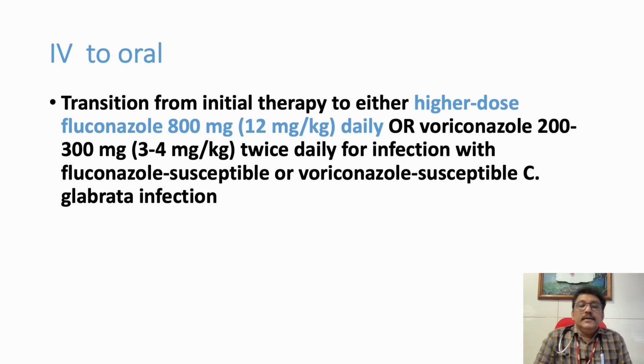But always check the culture and sensitivity. If the patient's culture shows a strain resistant to fluconazole or voriconazole, better not to continue these drugs. You have to follow the sensitivity pattern and continue the drug. Some conditions require long-term therapy.